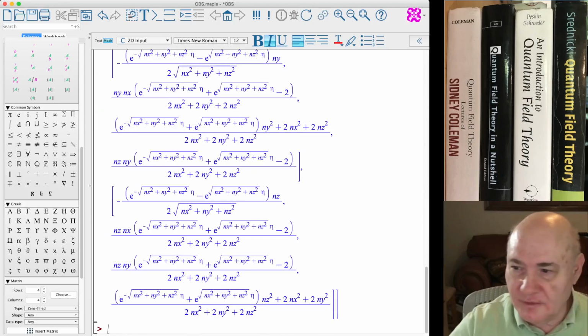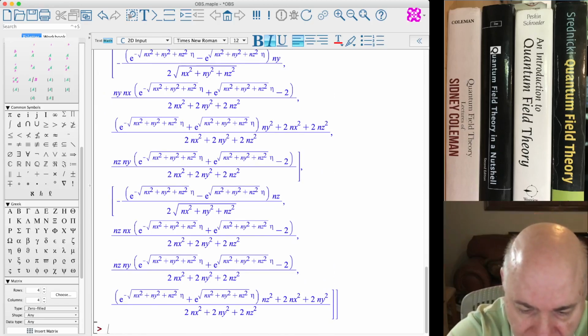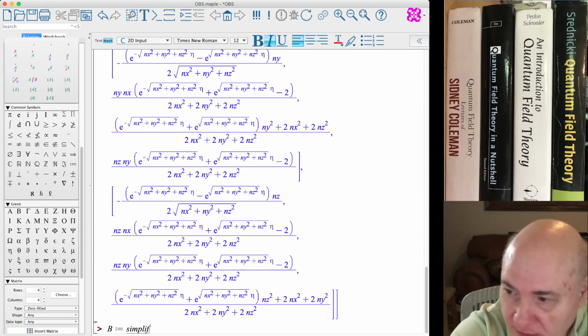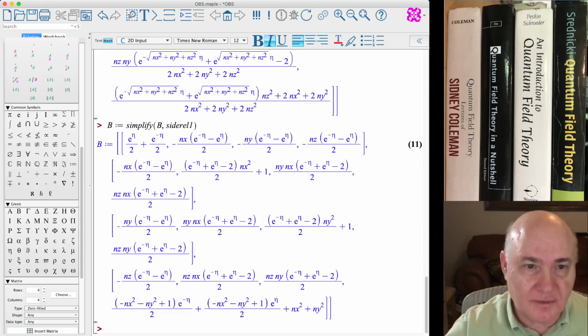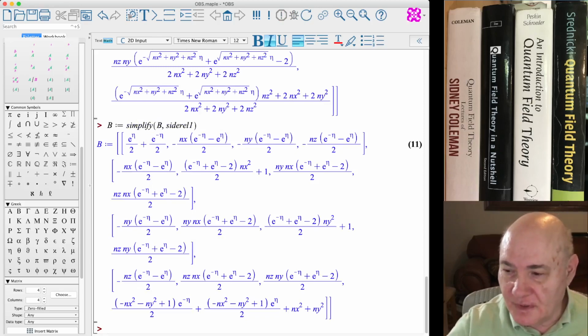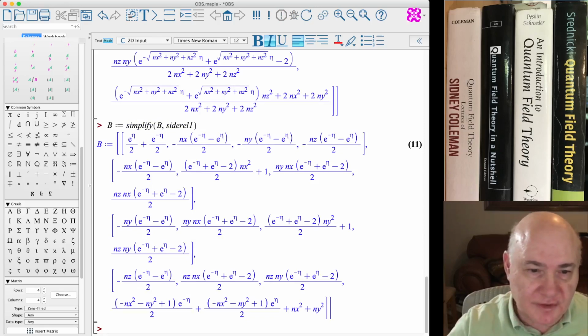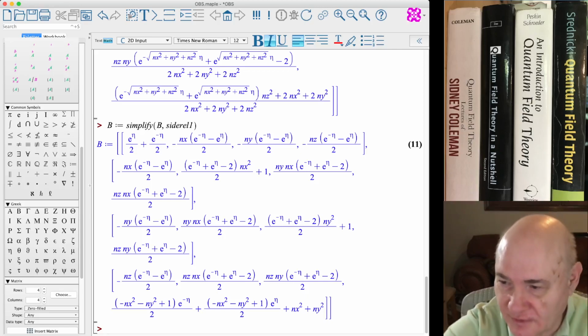Okay. So the first thing we can do here is use that side relation. Okay, starting to look better. Now we have the same thing with the exponentials instead of the trig functions.